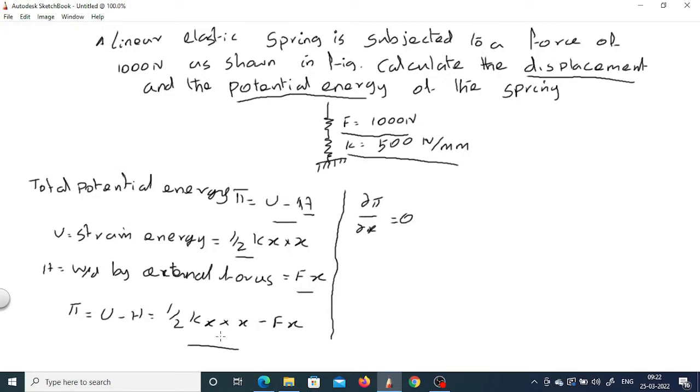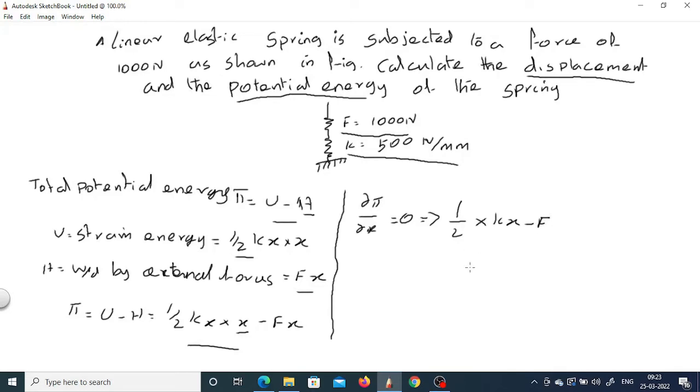If I differentiate this phi equation with respect to x, I get 1 by 2 into k; differentiating x with respect to x gives 1, so I won't write it here. Then minus Fx: differentiating Fx with respect to x also gives 1, so here minus F.